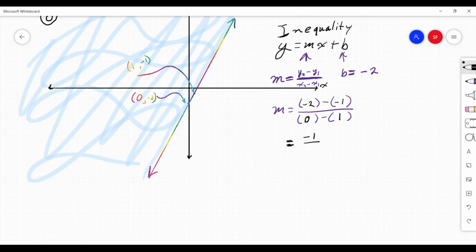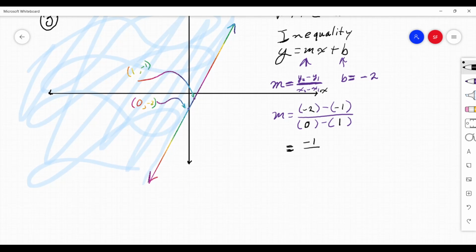This point is not that. I didn't do the graph wrong, I labeled this wrong. This is 0, -3, which means this is -3. And this is -3.